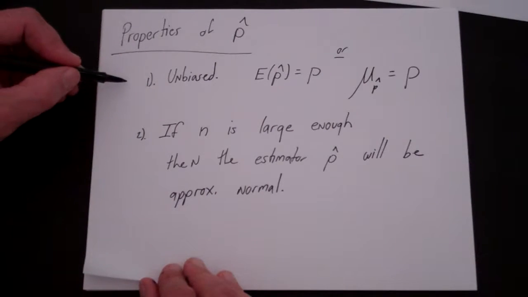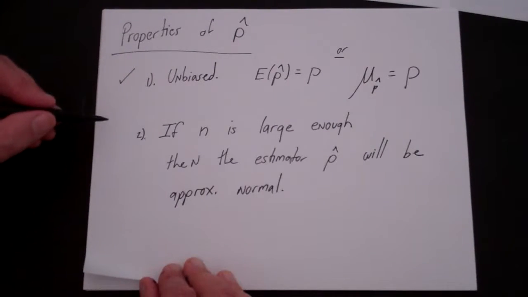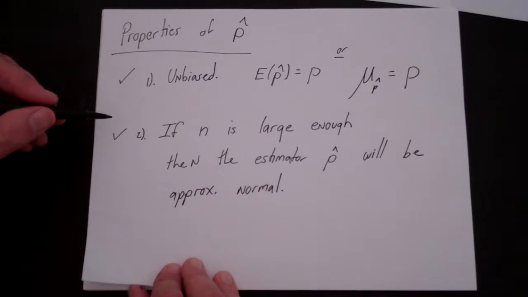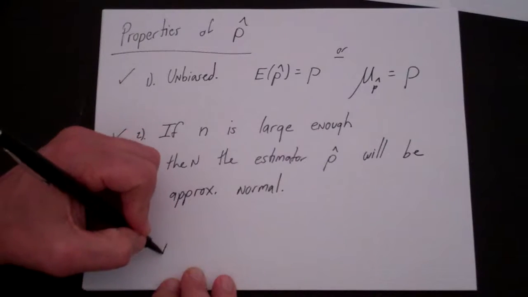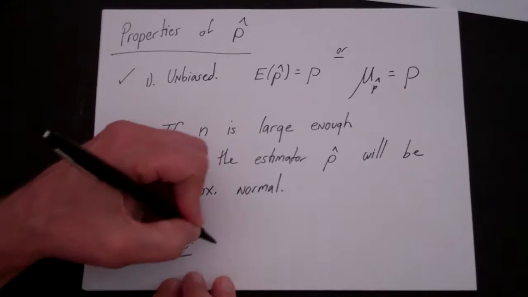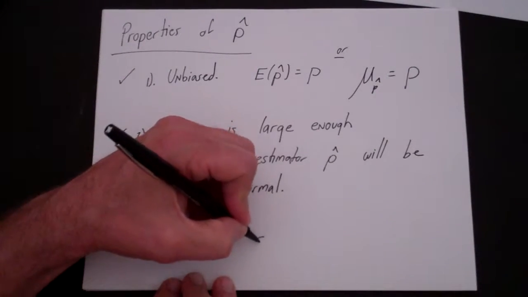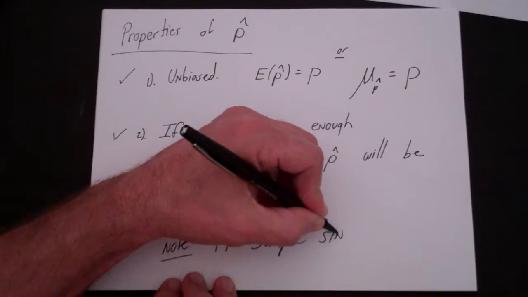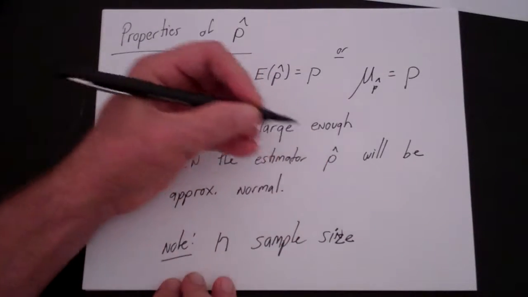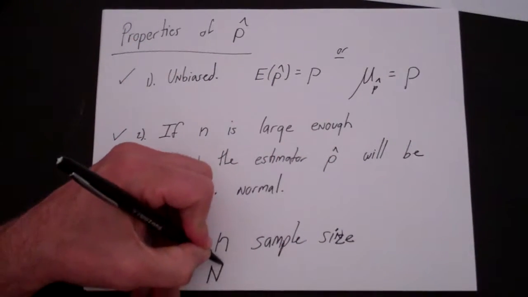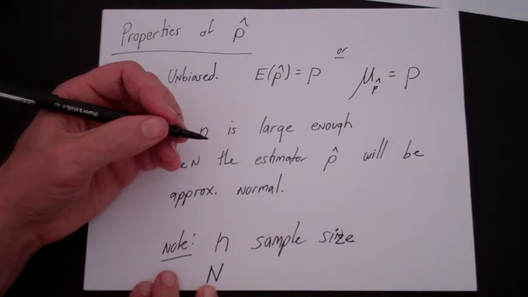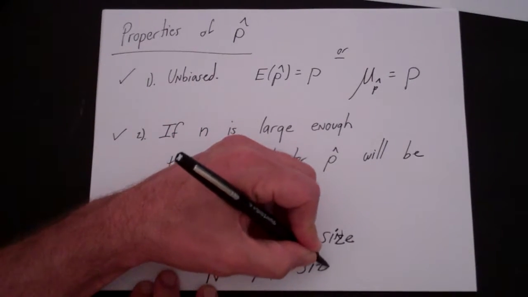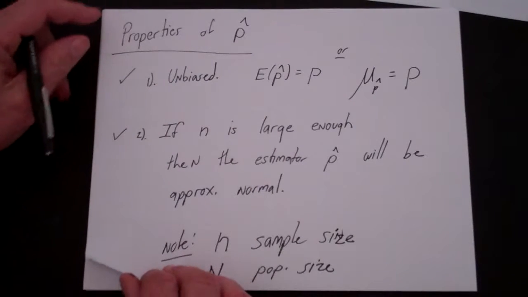These are both kind of intuitive, right? P-hat will be unbiased, and if the sample size is large enough, then p-hat will be approximately normal. Here's a note: little n is always the sample size, and that's very commonly used. Sometimes we use the symbol capital N, and that's the population size, which is not used as often.